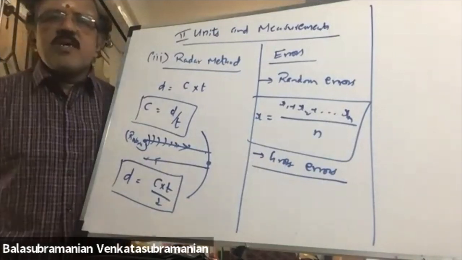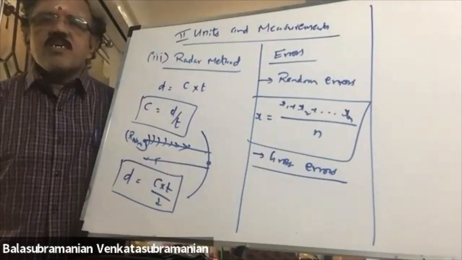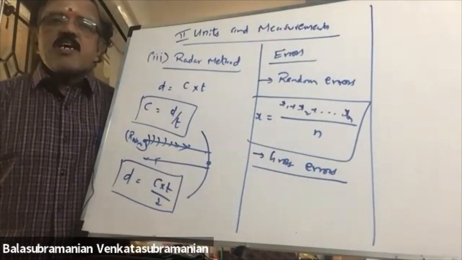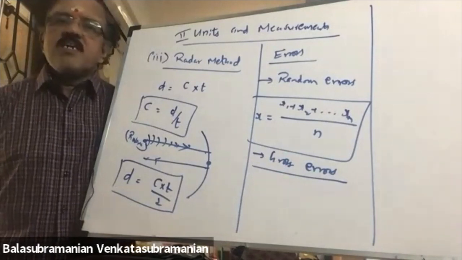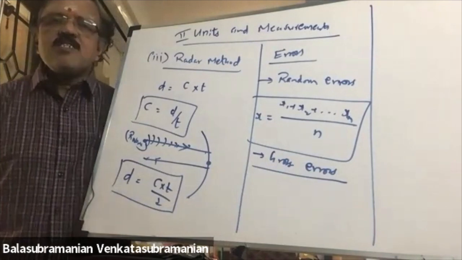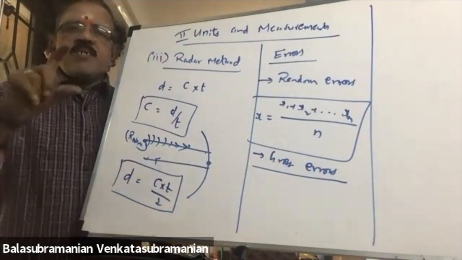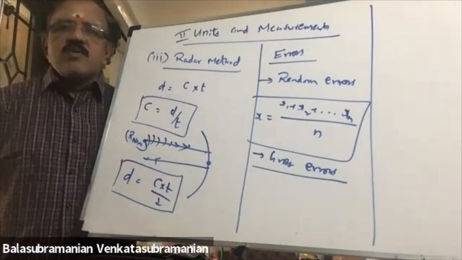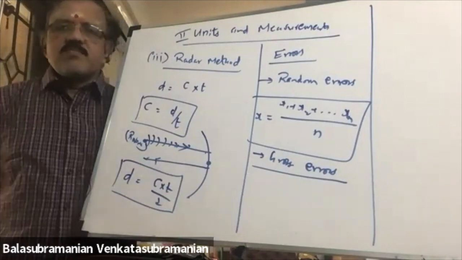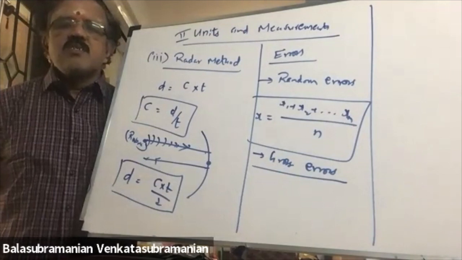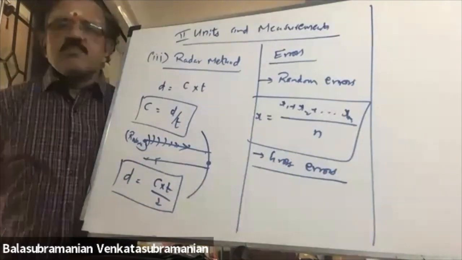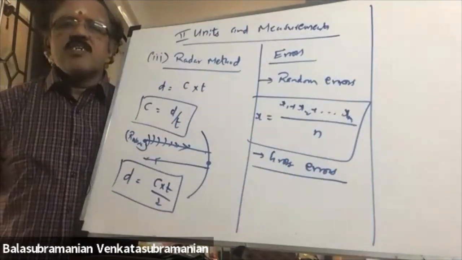We have instrumental errors also. We have constant errors. Percentage errors also we can say. What is percentage error? Say for example, I am measuring the length of one particular wire. The length is 25 centimeter. I am measuring using a scale.